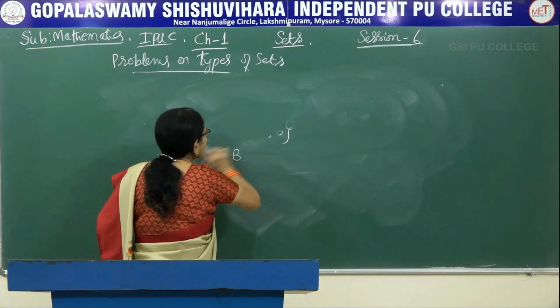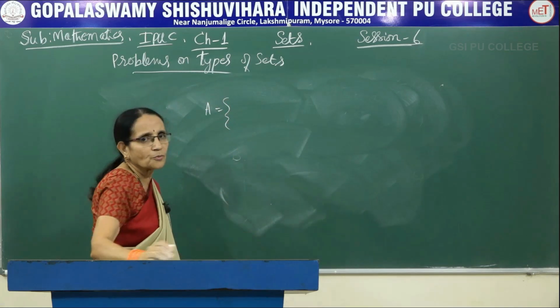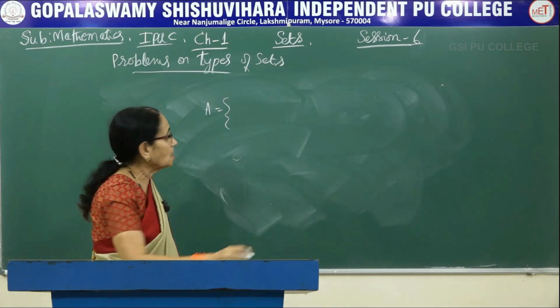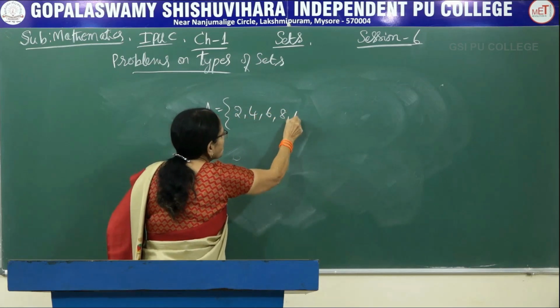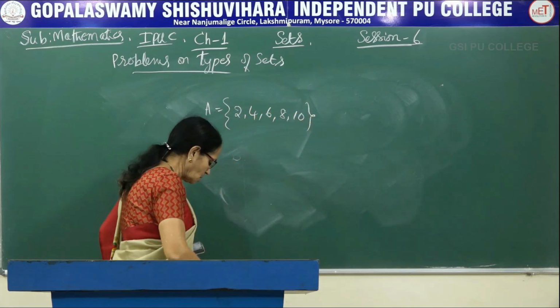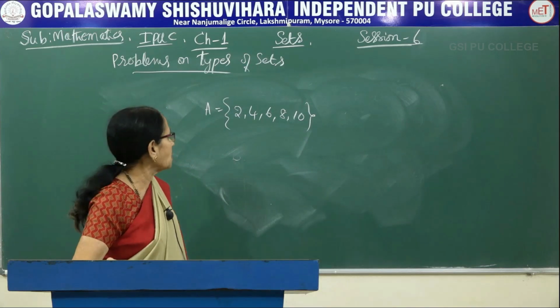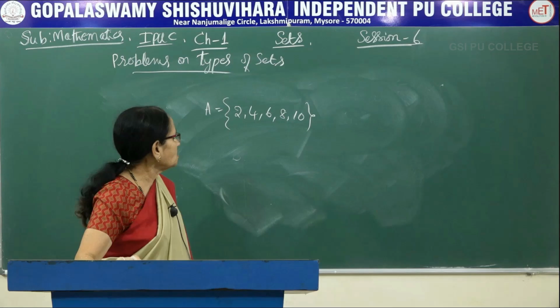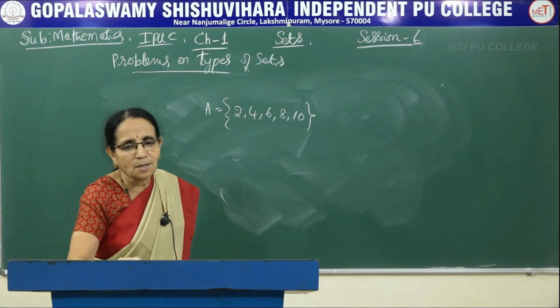Now, take another example. Here, I am giving the elements of the set A in the roster form, that is 2, 4, 6, 8, 10. What are these elements? They are even numbers, 2, 4, 6, 8, 10. That is, it contains the even elements between 1 and 11. I can say that.